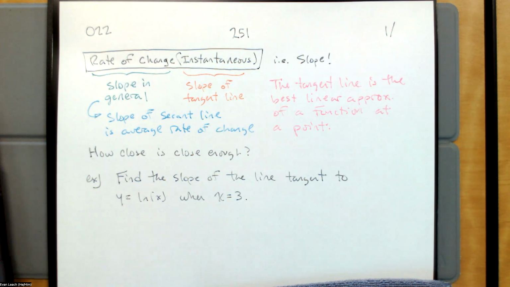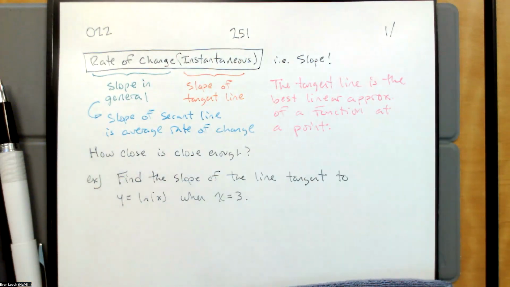Tangent line has two things: location, direction. It matches the function in those two things. The function has all kinds of more interesting stuff going on. Tangent line doesn't care. It's only got two things: location, direction. That's the best we can do. The tangent line is the best linear approximation of a function near a point, at a point.